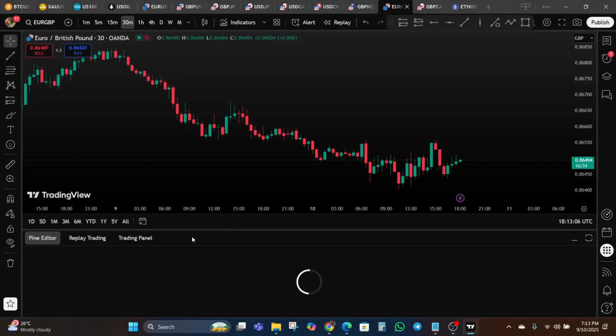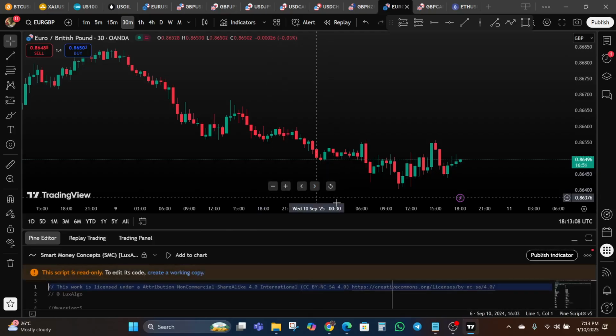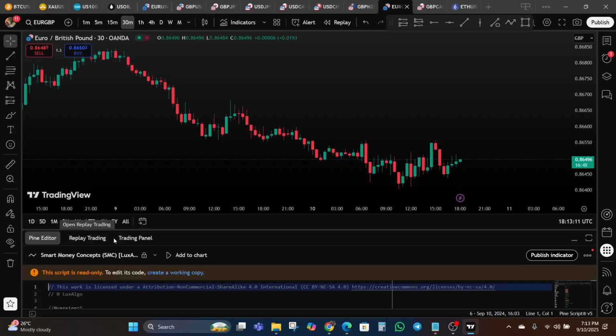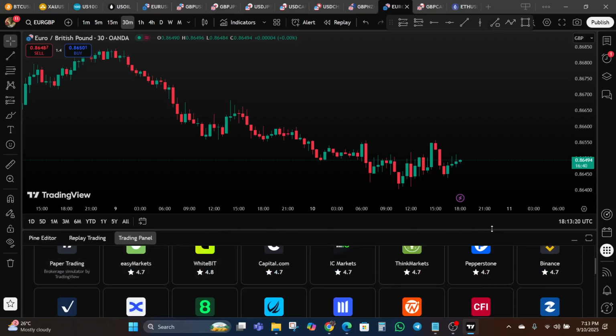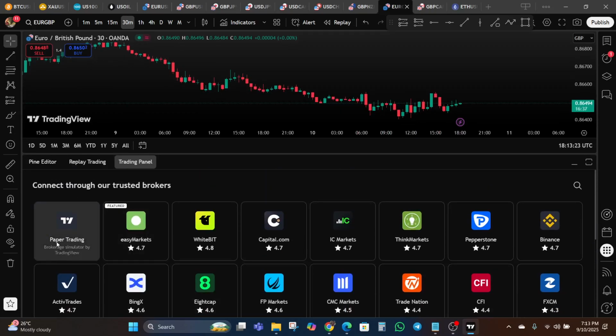You might have come across paper trading if you use TradingView. Basically, it's demo trading. You can test strategies, learn how options react and build confidence before ever placing a live trade.